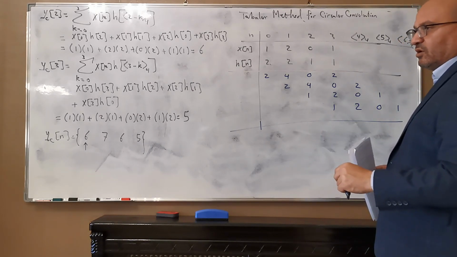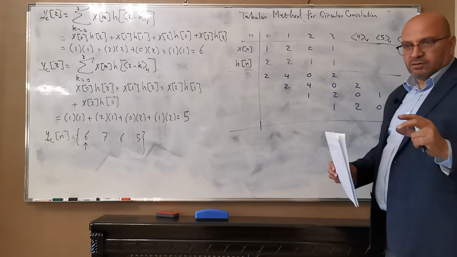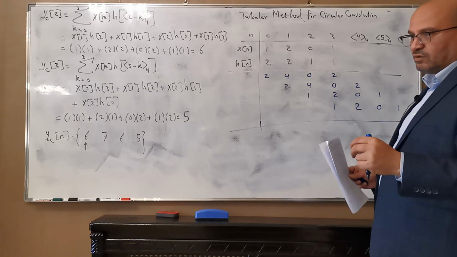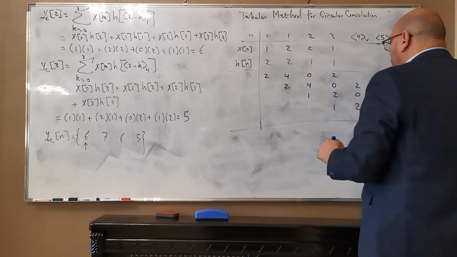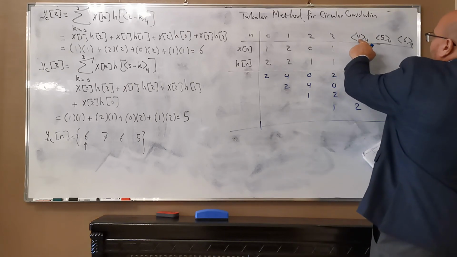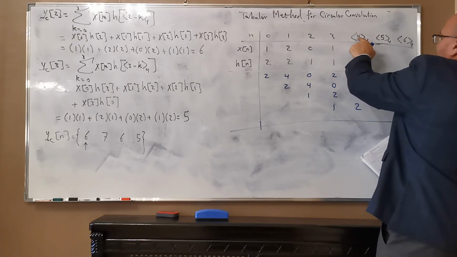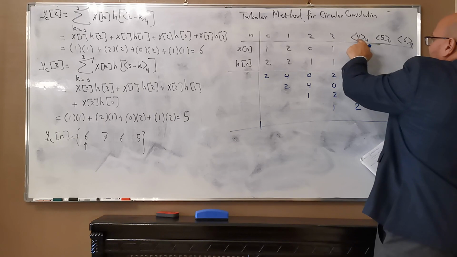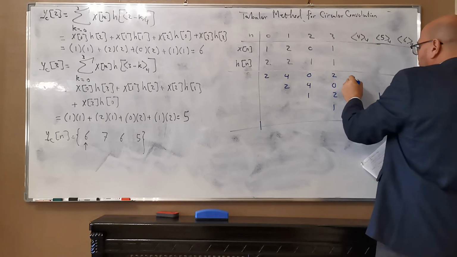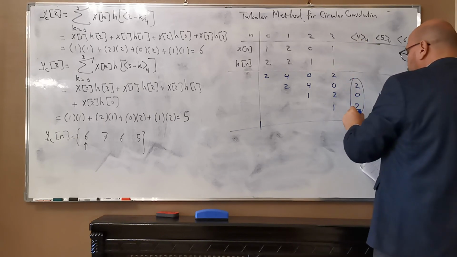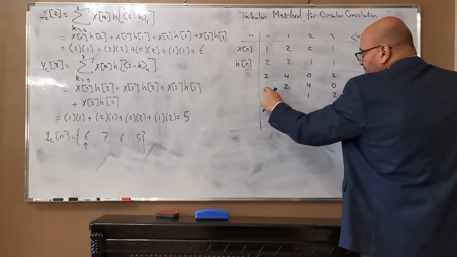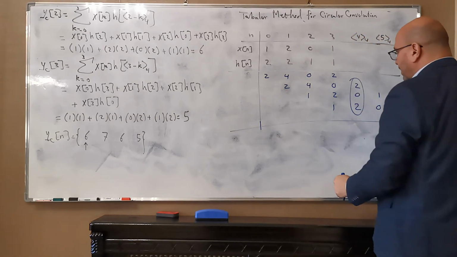In the circular convolution, it's only defined from 0 to n minus 1. So we look at those indices here, 4 modulo 4, so it's actually a 0 index. So those 3 elements should move and be replaced here by the 3 elements.